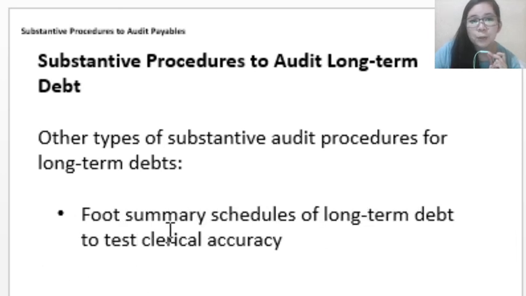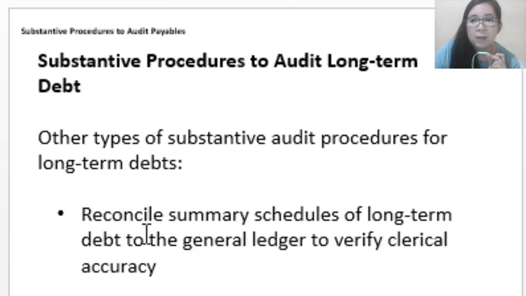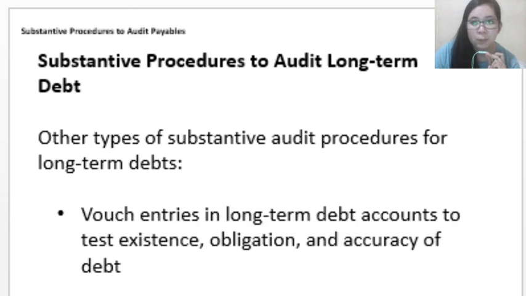Next, to ensure that there is no clerical error in terms of the amount for the long-term liability, the auditor can put together the summary schedules of the long-term liability and reconcile these to the general ledger before they are forwarded to the financial statements, to be sure they are free from error in terms of their amount.